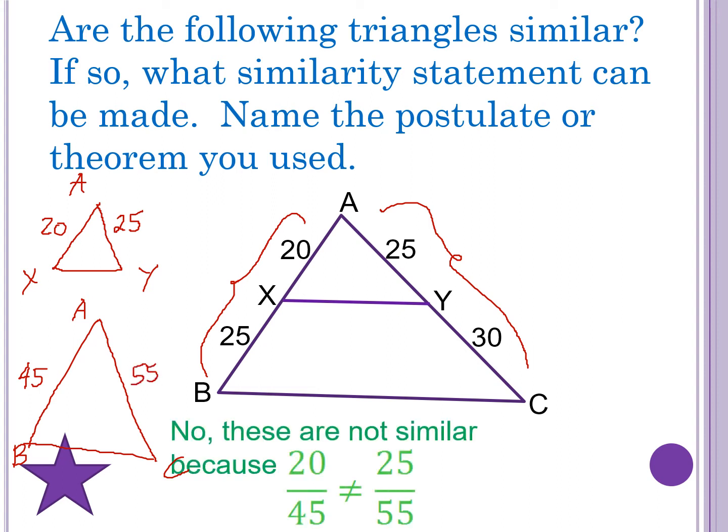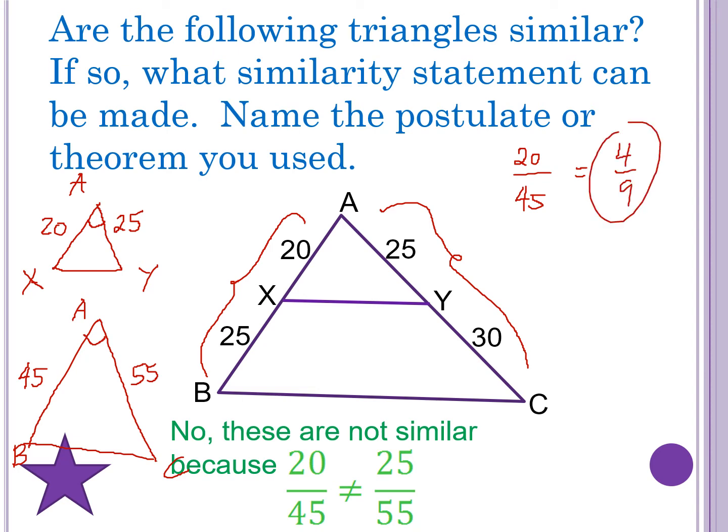We can say that angle XAY is congruent to angle BAC. This time, let's check if the corresponding sides are proportional. So first we have the ratio 20:45. If we simplify this, divide both by 5, we have 4:9.